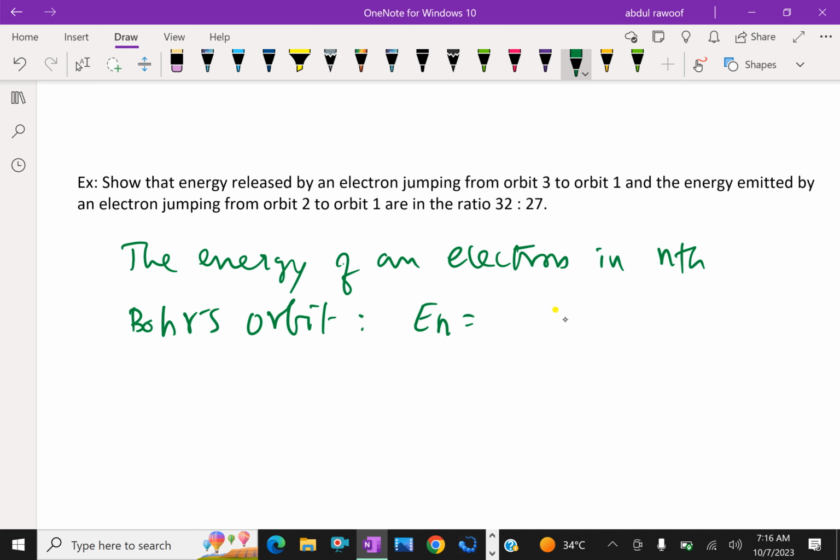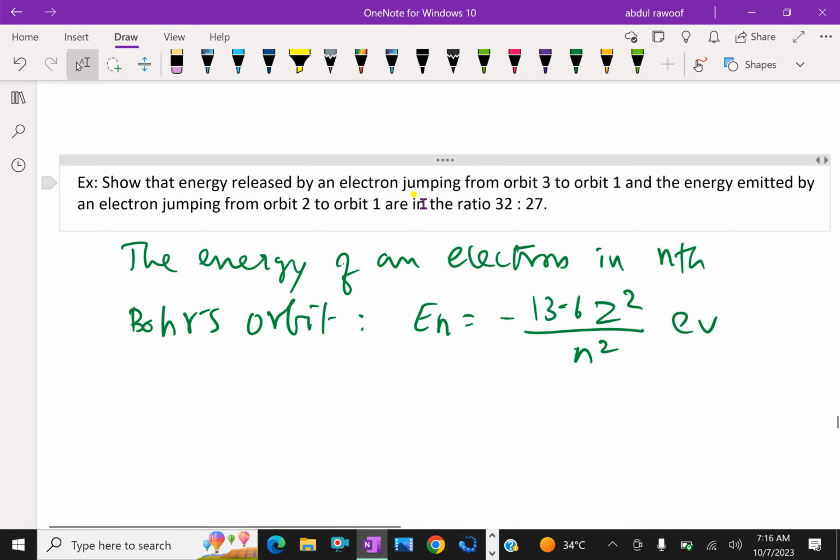Energy in nth orbit is minus 13.6 z square over n square electron volt. Now by using 3 to 1 first.